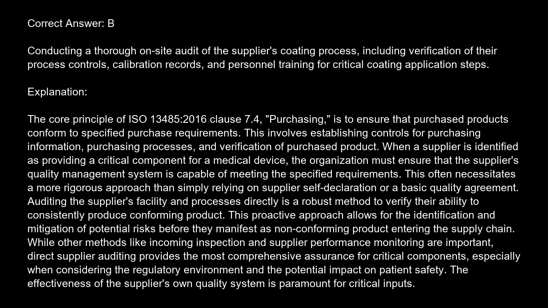This proactive approach allows for the identification and mitigation of potential risks before they manifest as non-conforming product entering the supply chain. While other methods like incoming inspection and supplier performance monitoring are important, direct supplier auditing provides the most comprehensive assurance for critical components, especially when considering the regulatory environment and the potential impact on patient safety. The effectiveness of the supplier's own quality system is paramount for critical inputs.